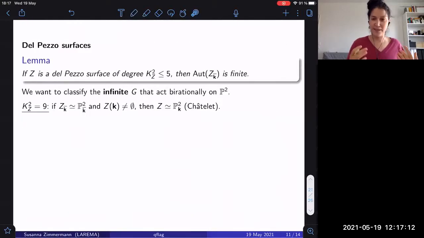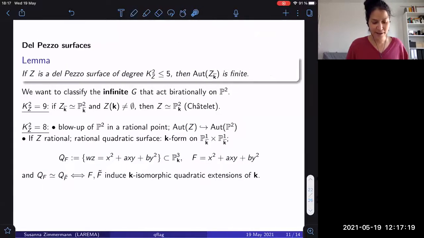For degree 9, we are rational, so it's only P2, and we know its automorphism group. For degree 8, this is either a blow-up of P2 in a rational point, and then we know the automorphism group, it is conjugate to an automorphism group of P2, or it is a quadric surface.